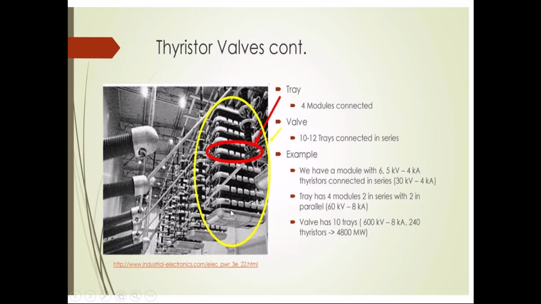In a 6 pulse converter, the total number of thyristors is 240 multiplied by 6. So you can now imagine how many thyristors we require, and how we provide the cooling and all these things to these thyristors for protection.